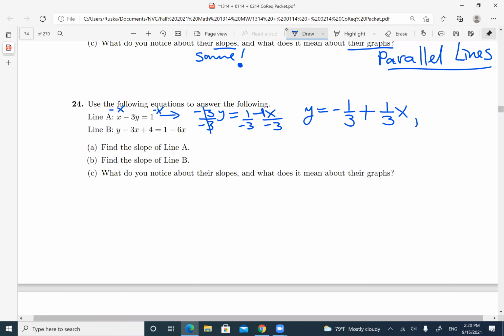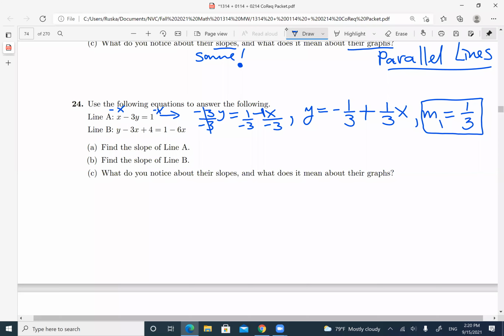So can you tell me what is the slope? M1 is what? The slope is 1/3. Yes, 1/3, the number in front of x. So that's my first slope, 1/3. Okay, now let's find the slope of the second line. So we have y minus 3x plus 4 equals all of this.